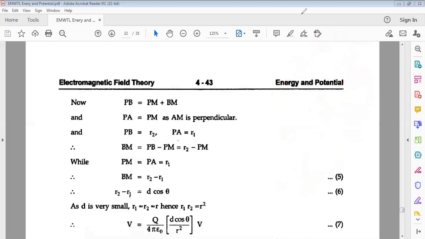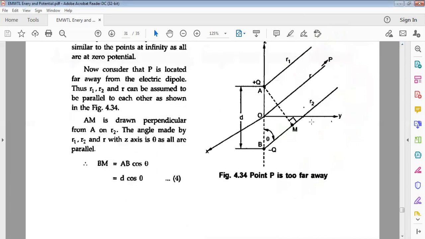A little bit of confusion again, so I will explain it here itself. See, this is the point P. Let us take the point P here also, and here also. Now PB is the total distance.